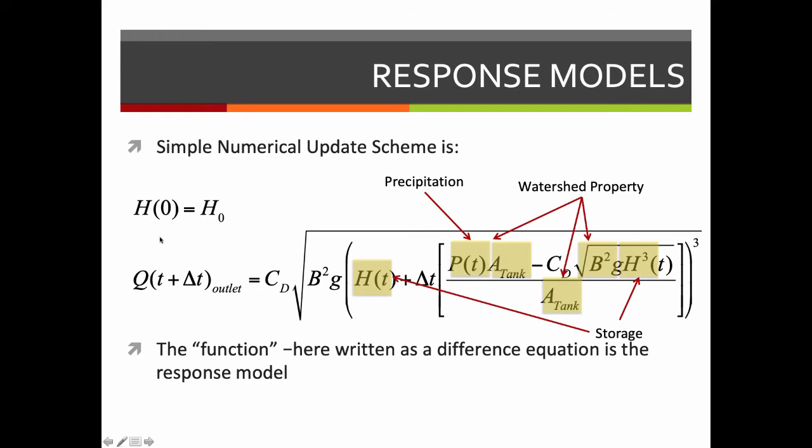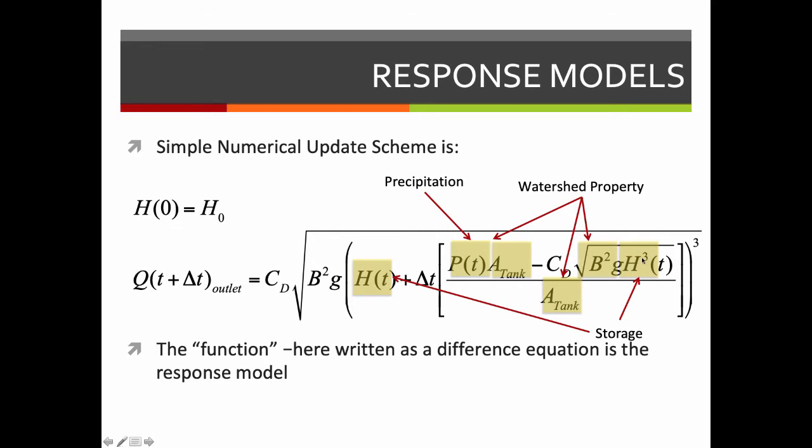So what I've done is a mass balance equation on the tank and the flow equation, combined them and put them back into the flow equation. So everything here on the right hand side is our transfer function, and the important thing is it takes input precipitation, input rainfall, and it produces output discharge.